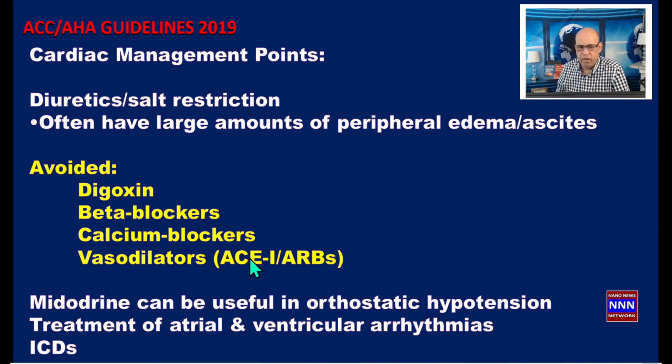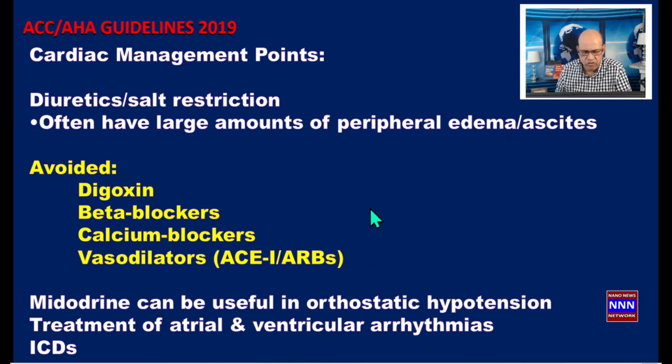If some of these patients develop postural hypotension or orthostatic hypotension, they can be treated with midodrine. And of course, if they develop atrial or ventricular arrhythmias, they need to be taken into consideration and treated appropriately to keep the heart rate at the ideal level.